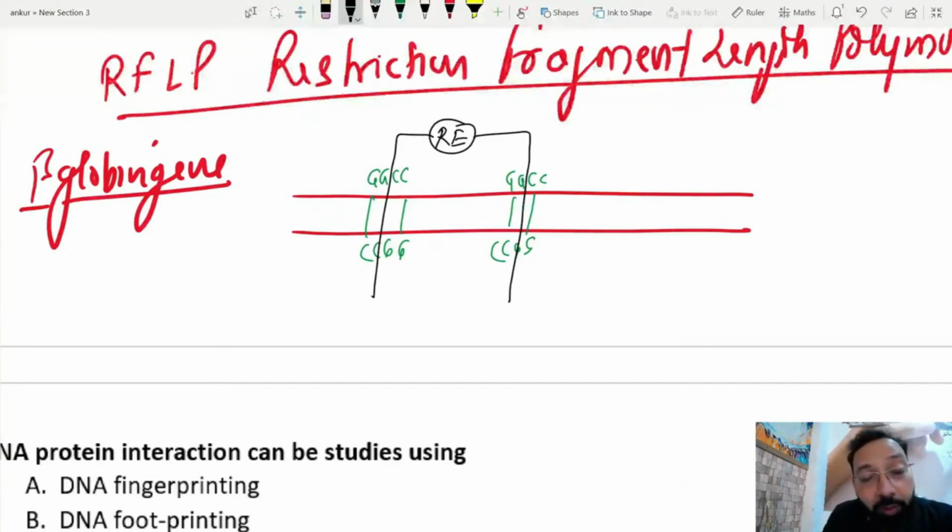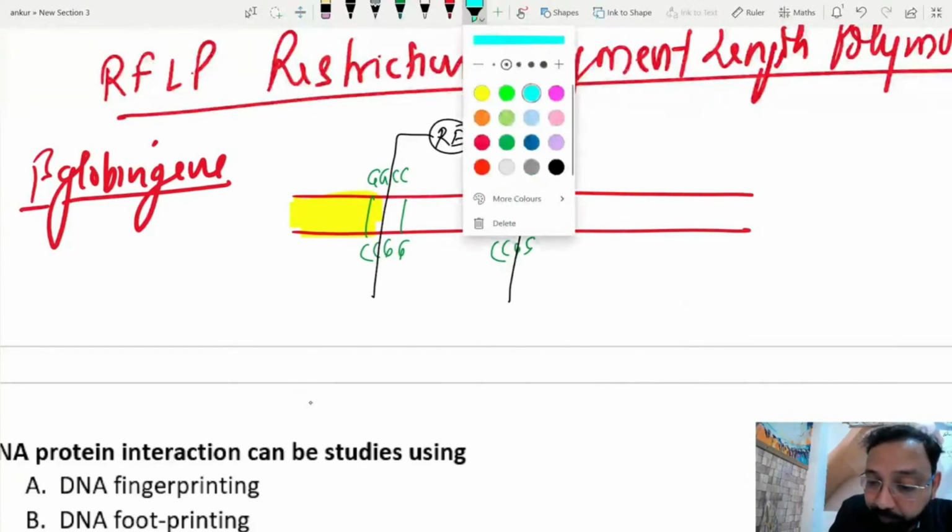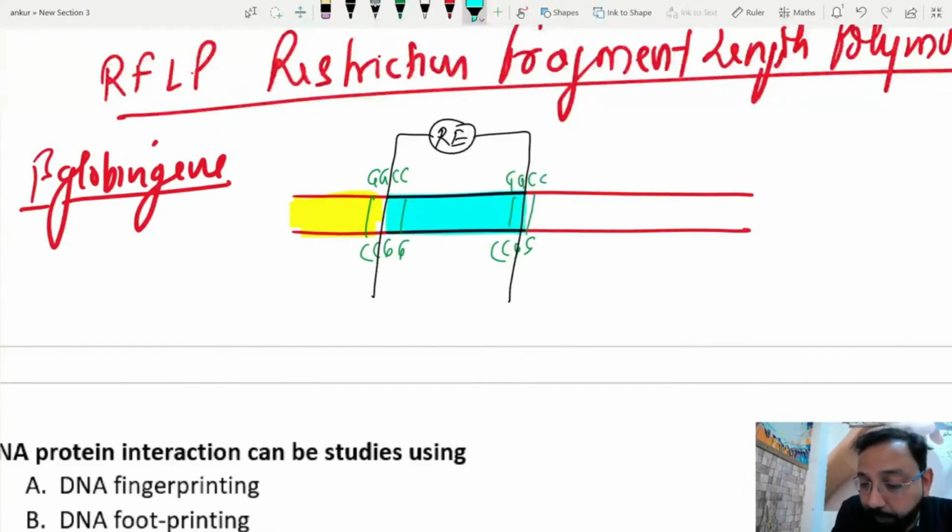So we already know that the normal beta globin gene has two palindromes. If you put restriction endonuclease, it will cut at two sites and three fragments will be formed, of this size, of this size, and of this size.